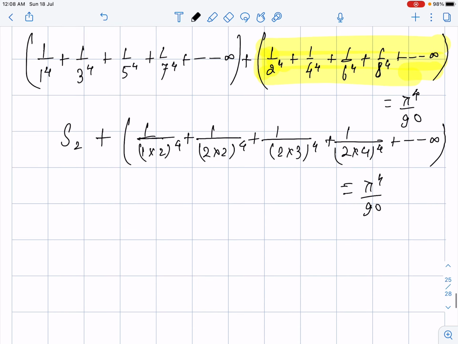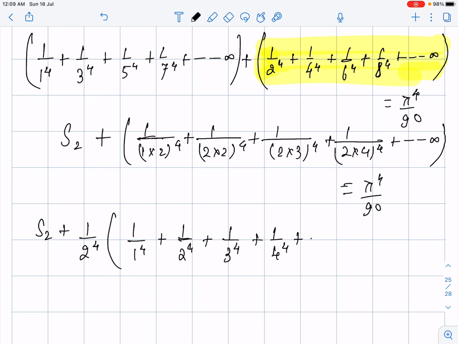Now how can we simplify it further? We have S2 plus 1 upon 2 power 4 can be taken common by me. We will have 1 upon 1 power 4 plus 1 upon 2 power 4 remaining with all these things, plus 1 upon 3 power 4 plus 1 upon 4 power 4 goes on up to infinity is equal to pi power 4 by 90.